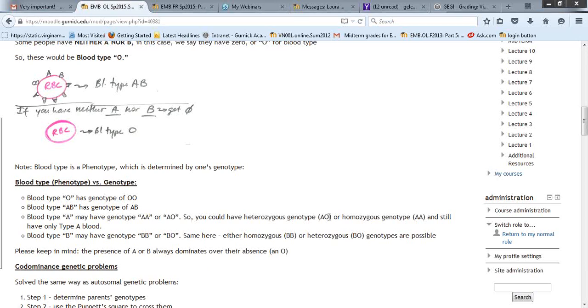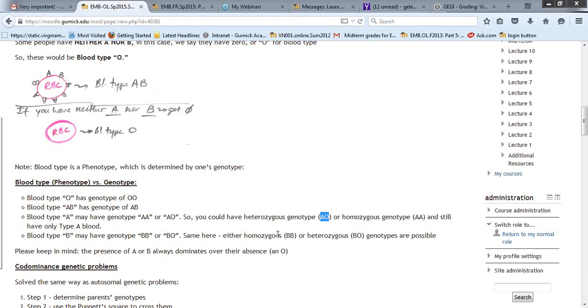You still have blood type A. You could have homozygous genotype with blood type A, or you could have heterozygous genotype with blood type A. So when you are doing a genetic problem on codominance, you have to carefully read what kind of situation you have. Okay? The same thing with blood type B.